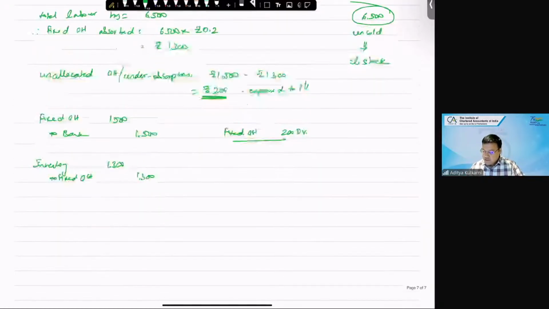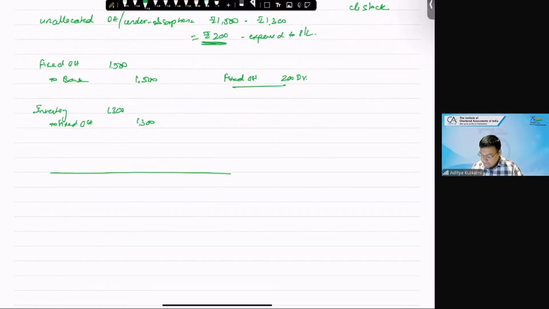क्यों? If I just do a T-form balance sheet, a T-form profit and loss, sorry, I will have fixed overheads 1,500, and here I will have closing stock X plus 1,300.